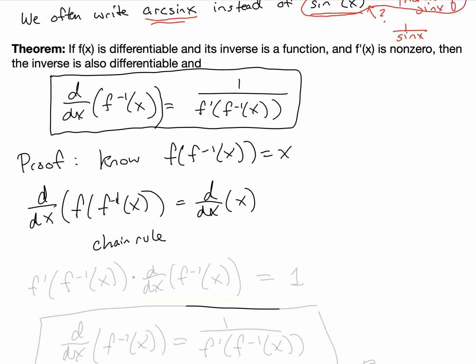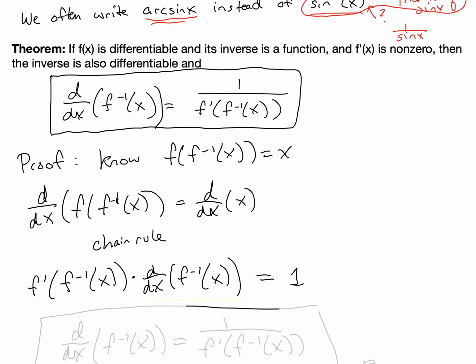Now we can use the chain rule on the left-hand side. The outside function is f, so f prime of, leave the inside alone, f inverse of x, multiplied by the derivative of the inside, the derivative of f inverse of x, which is what we're trying to find. That's equal to, on the other side, the derivative of x with respect to itself, which is just 1.